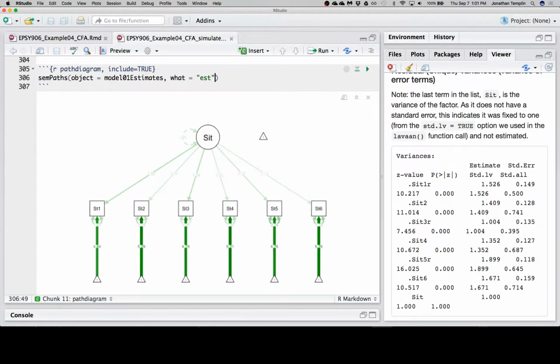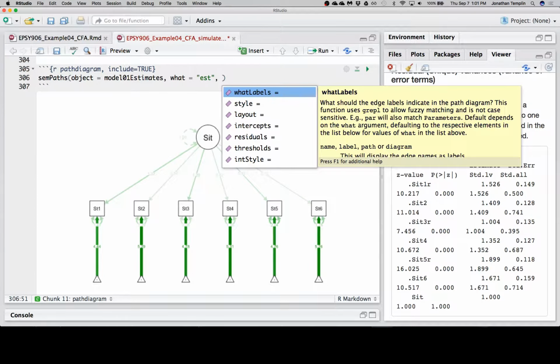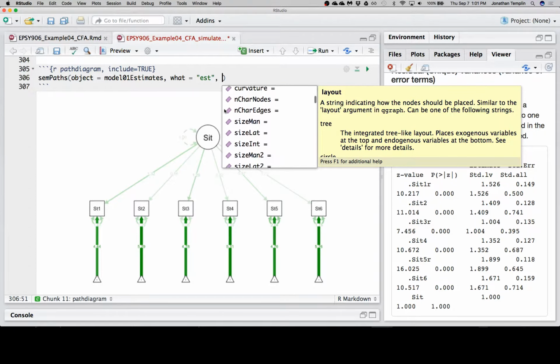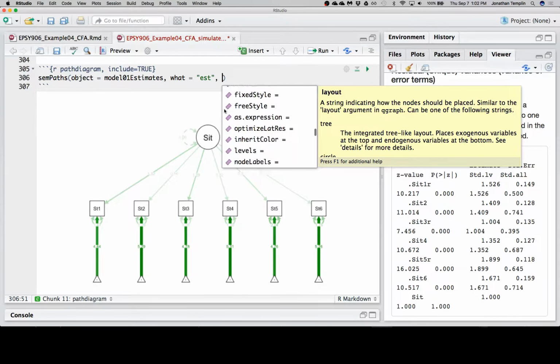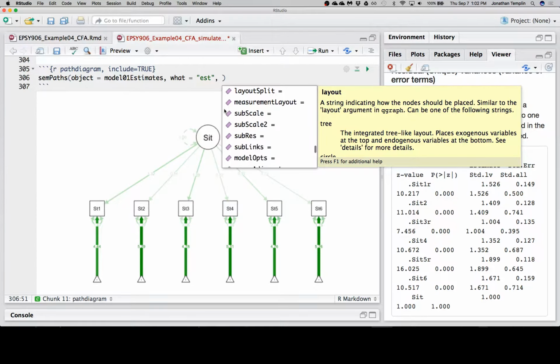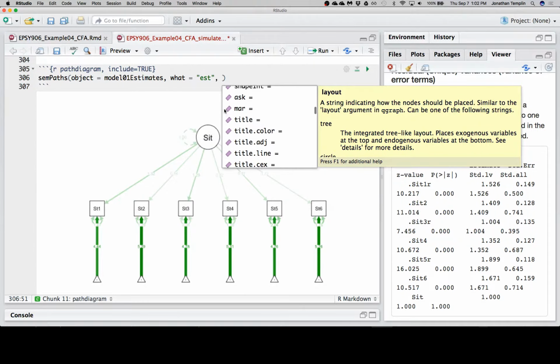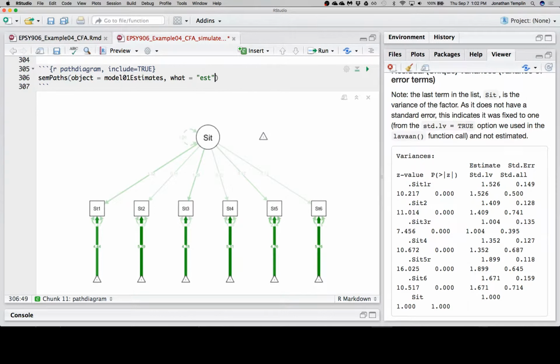You can change the estimates to be, let's see here. I think there's an option for mean structure, but I'm not finding it now. This is the actual raw estimates, but I will find it and talk about it later.